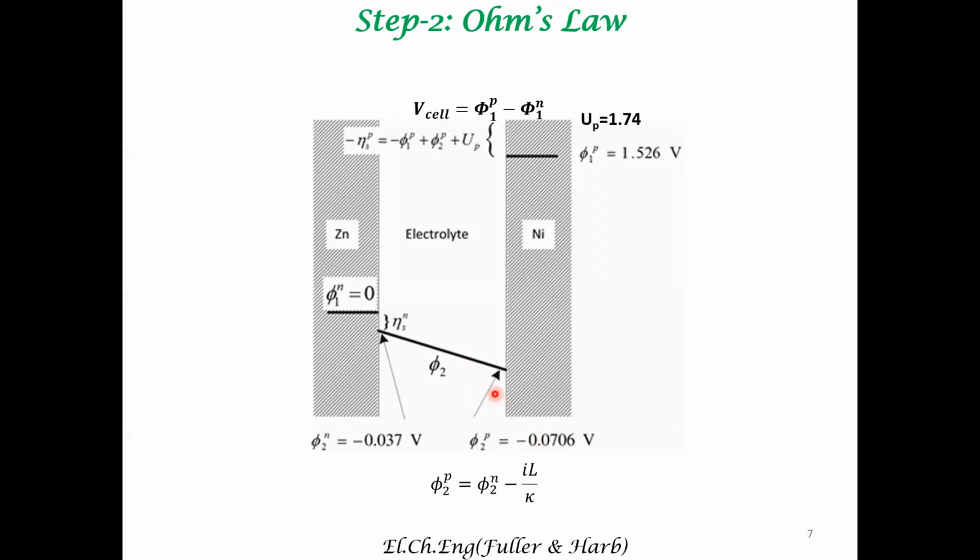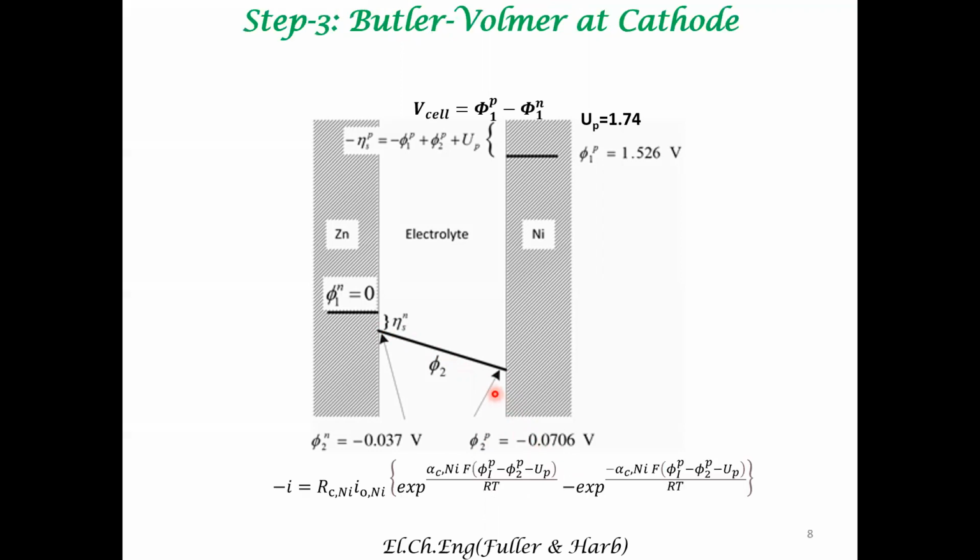This quantity is also known. Now, I think it must be straightforward what step 3 should be. Step 3 is to use the Butler-Volmer equation to get the overpotential at this point. Again, what is known? This is known, this is known, this is known. Alphas are known.